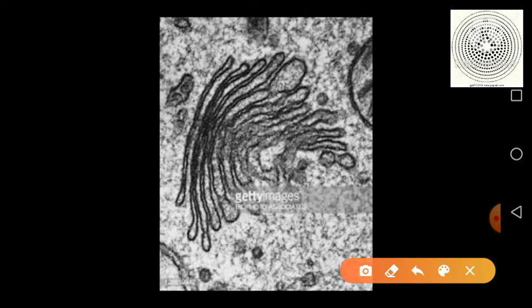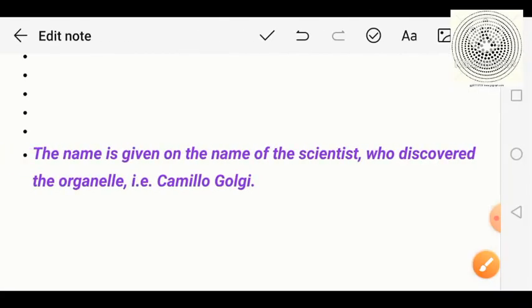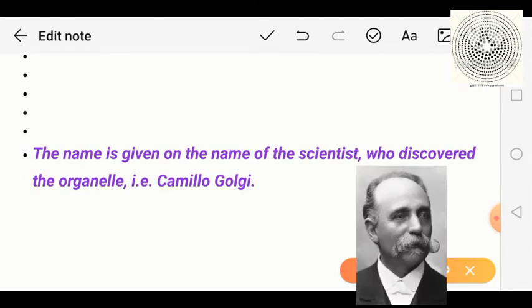In front of you there is an electron micrograph of the Golgi complex. First we will go to the history. The Golgi complex was named after the scientist who discovered this cell organelle, and the name of the scientist is Camillo Golgi.